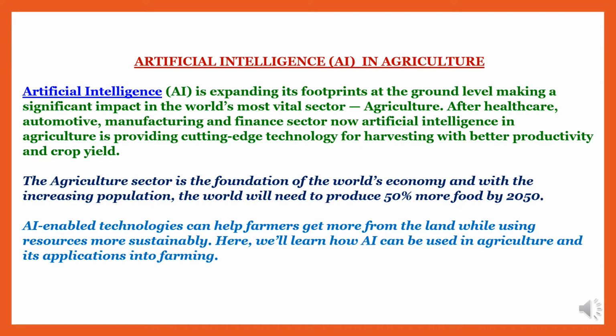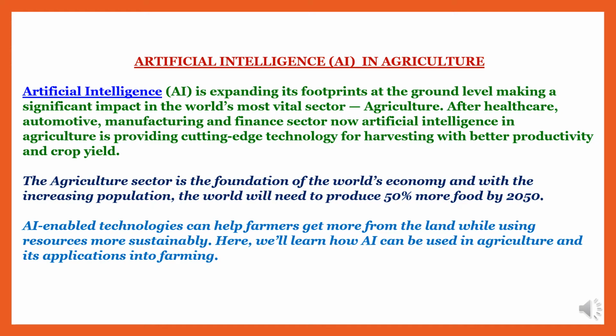Artificial intelligence in agriculture. Artificial intelligence is expanding its footprint at the ground level, making a significant impact in the world's most vital sector, agriculture. After healthcare, automotive, manufacturing, and finance, artificial intelligence in agriculture is now providing cutting-edge technology for harvesting with better productivity and crop yield.